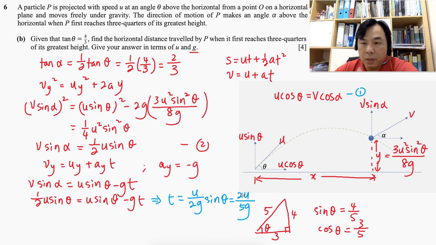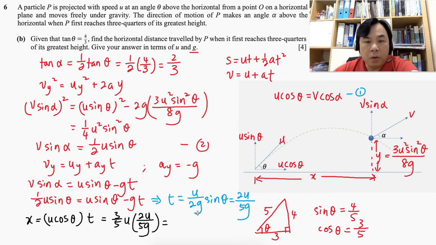Knowing the time taken to reach that 3/4 height, we can conclude that the horizontal displacement at that instant of time is given by its horizontal velocity, which is u cos theta multiplied by t, which is also from this SUVAT equation, right? So that will be the same as u cos theta. Our cos theta is 3 over 5, so 3/5 u, and the time taken is 2u over 5g.